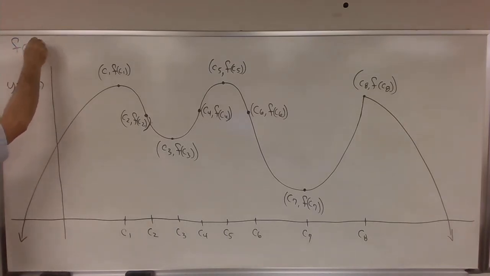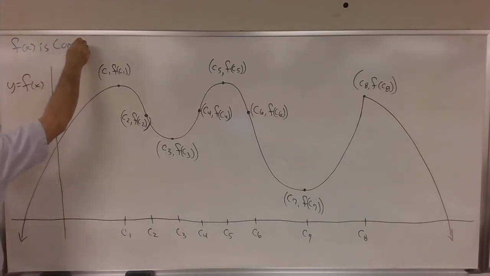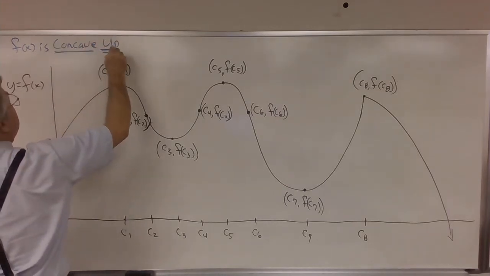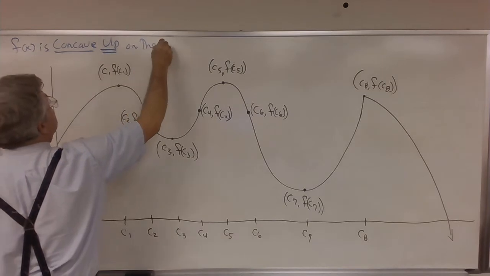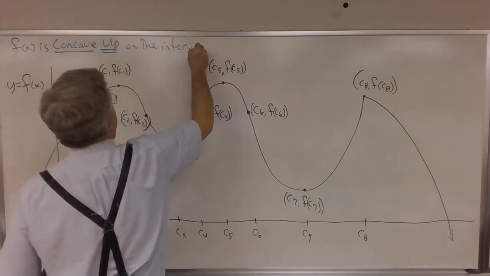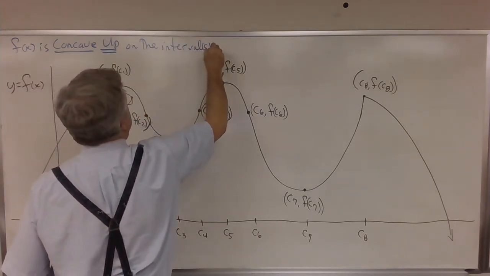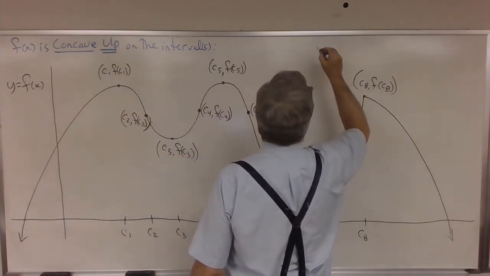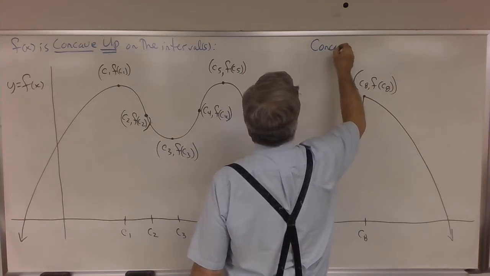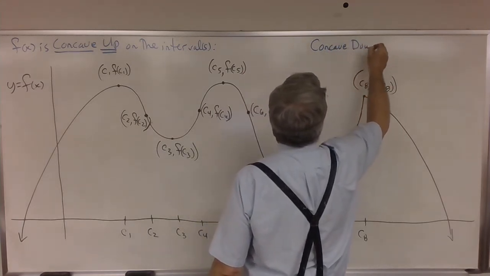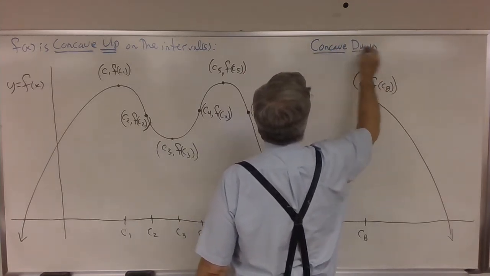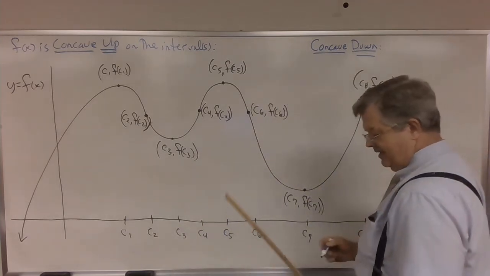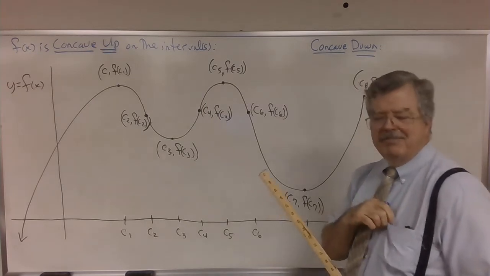F of x is concave up on the intervals, and we'll list those, and concave down on the intervals. Well, I'd write the words, but I'm out of space.